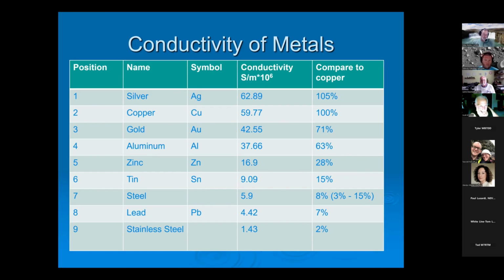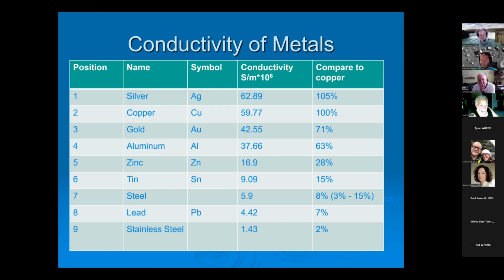So that is about the end of good conductors. Anything below that aluminum line is not so good. We use zinc in an awful lot of things, but zinc by itself is not a very good conductor. Neither is tin, and the other one is tin and lead.